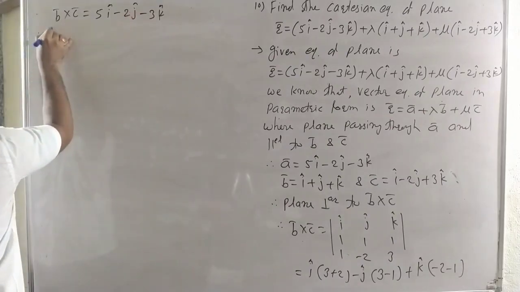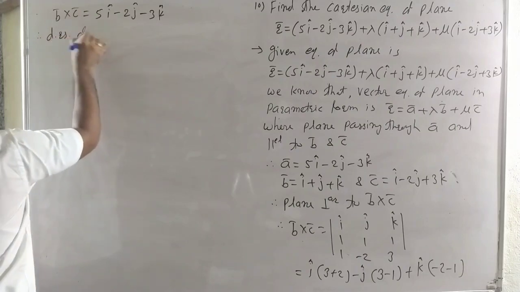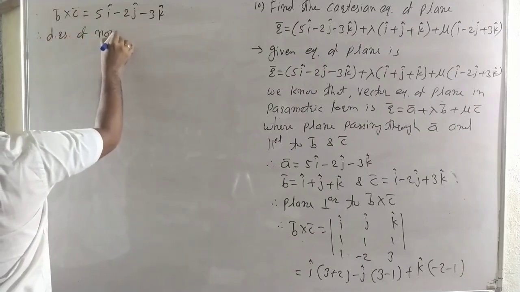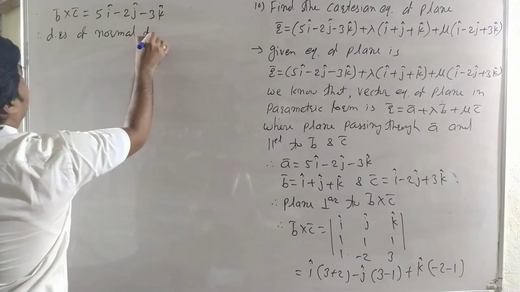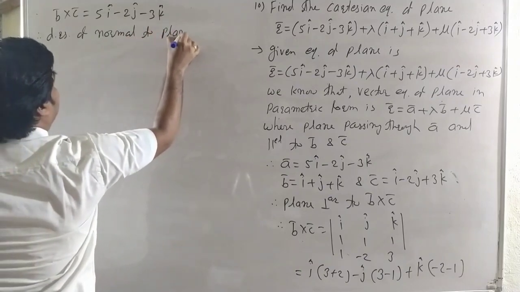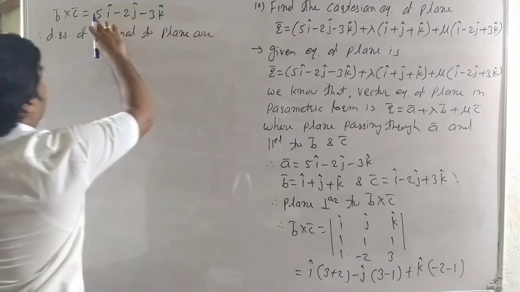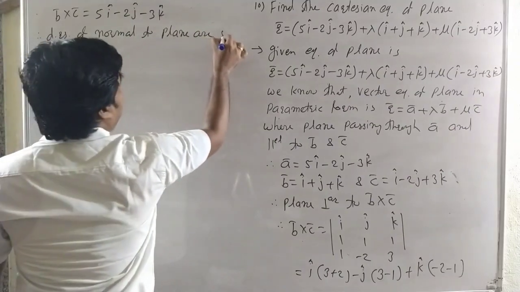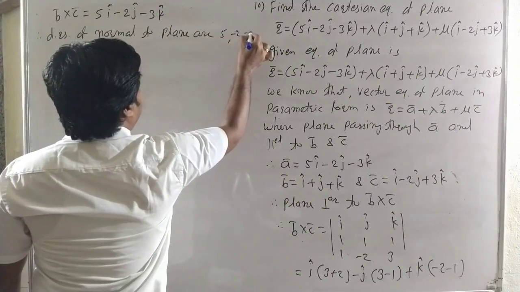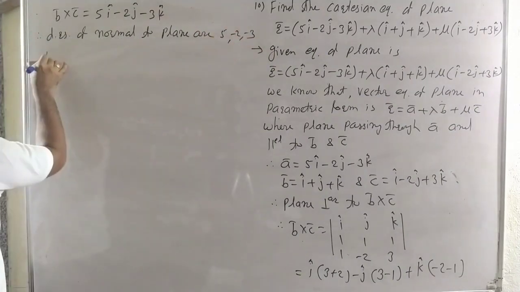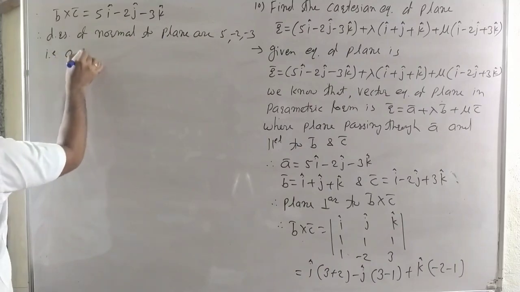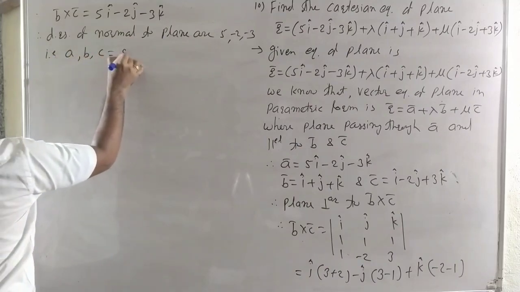Therefore the direction ratios of the normal to the plane are 5, minus 2, minus 3, that is a, b and c.